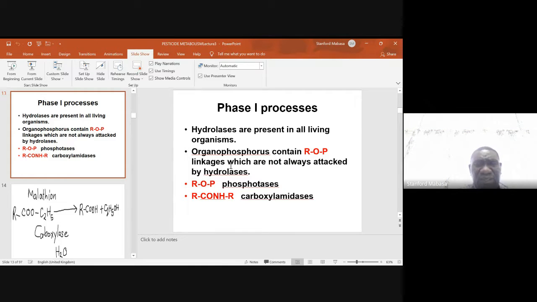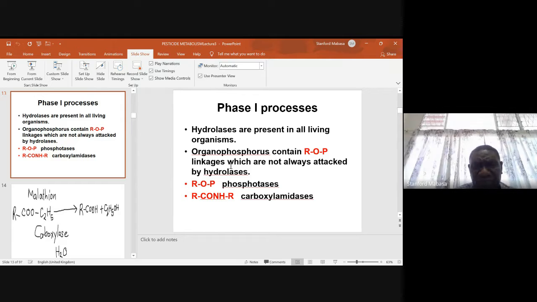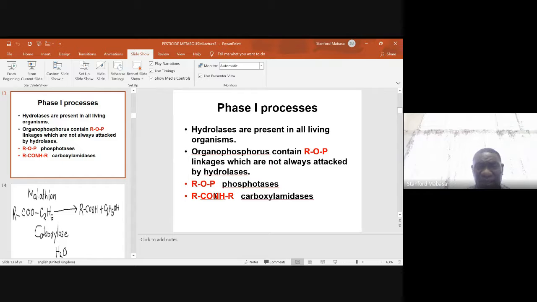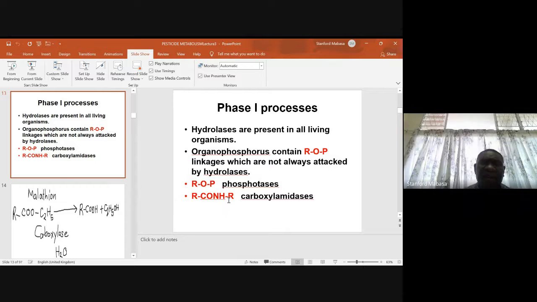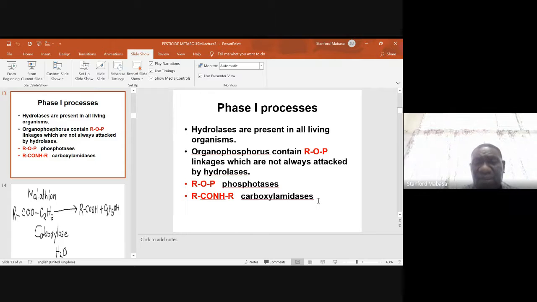Another group of hydrolases operate on the amide. In amide is where you have a CO attached to N. The enzymes or the hydrolases which affect this group are known as carboxylamidases.